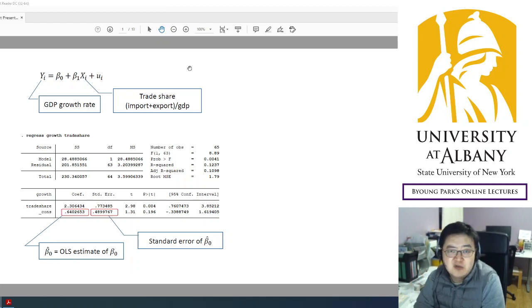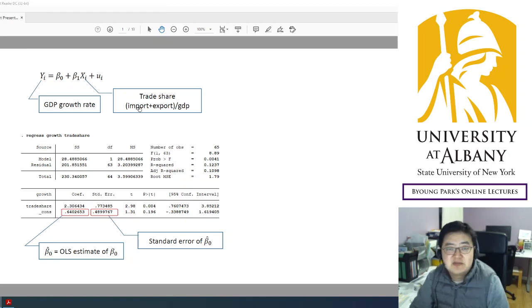The main regression model was about the relationship between GDP growth rate for many countries and each country's trade share, which is defined as the total amount of trade divided by their GDP, that is, the sum of imports and exports as a share of total GDP. So X, the regressor, is the trade share, and the outcome variable, Y, is the GDP growth.